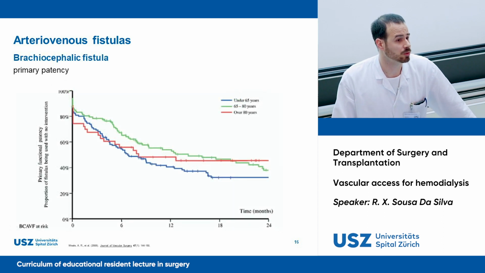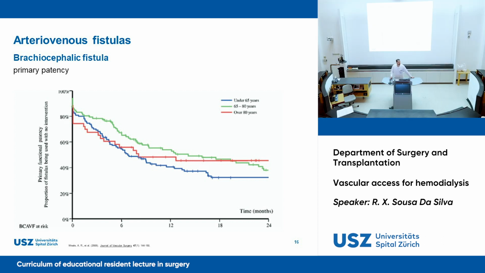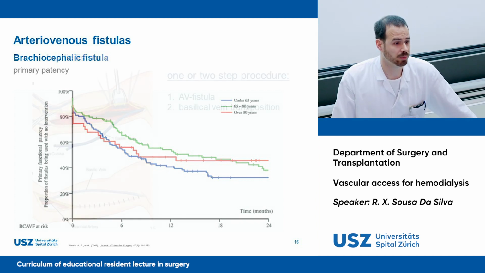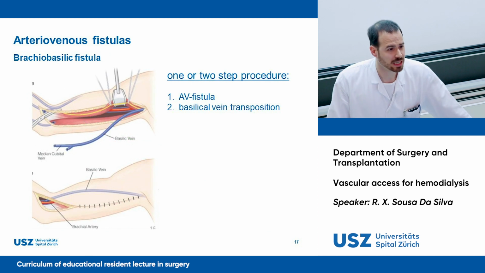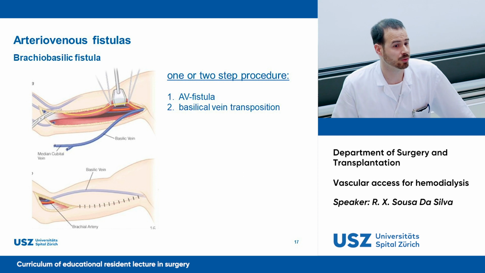The same result could also be shown for brachiocephalic fistula. So the message is that primary patency is not really high at all, and you should offer it also to elderly patients. Next level would be the brachiobasilic fistula. There is a one- or a two-step procedure.